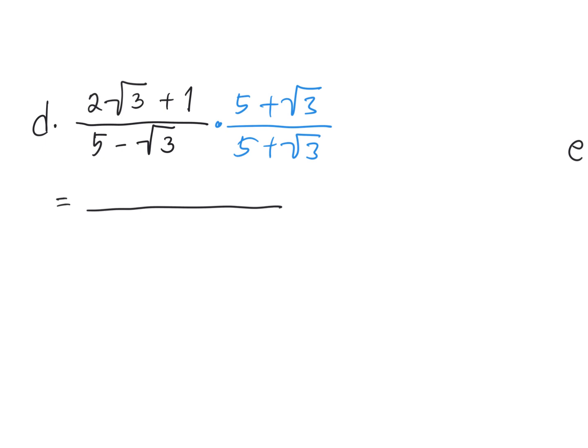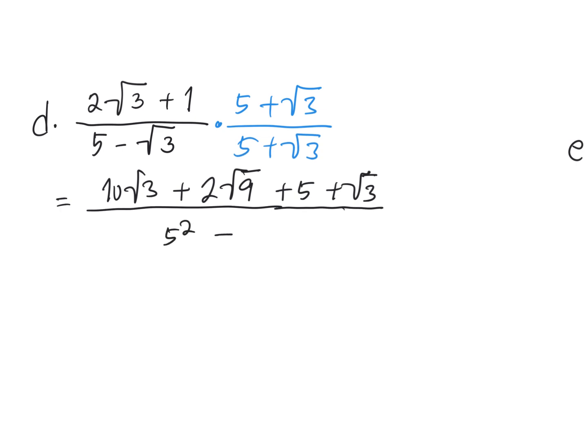That's 2 times 5, which gives you 10 root 3, then plus 2 root 9, then plus 5, and then plus root 3. The denominator is just going to be 5 squared minus root 3 squared.